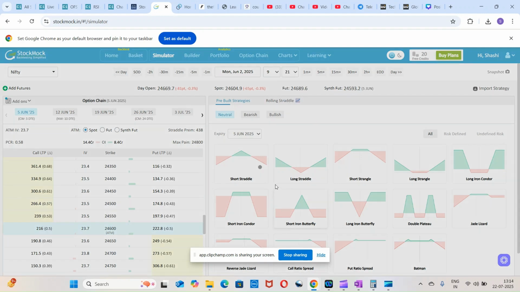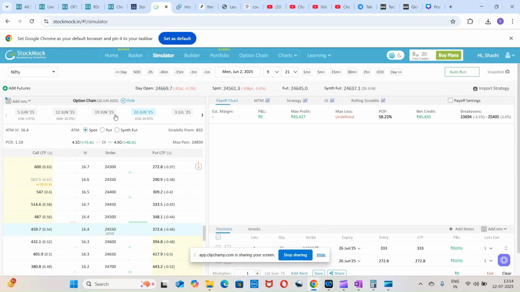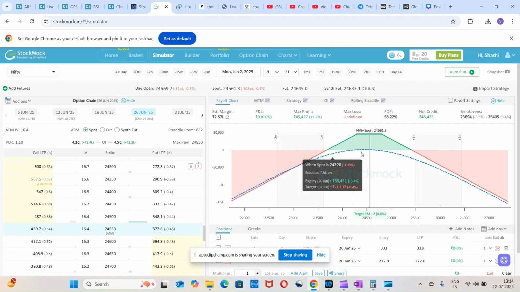And this is the end of the month, 26th June. Okay, and neutral strategy, short strangle. So if you see one standard deviation, pretty much one standard deviation you're getting, 3.5, 3.4% on either side breakevens. Margin is 2.57, POP is 58.